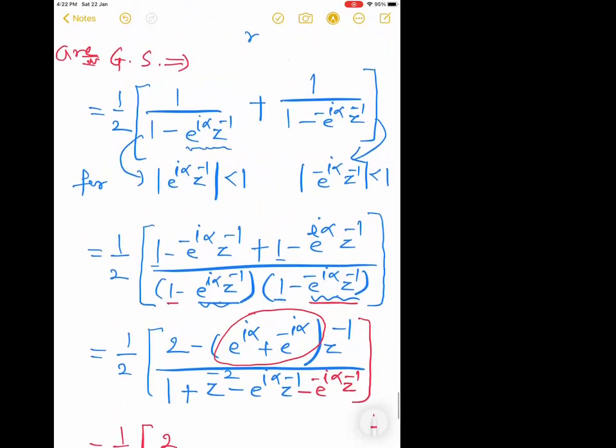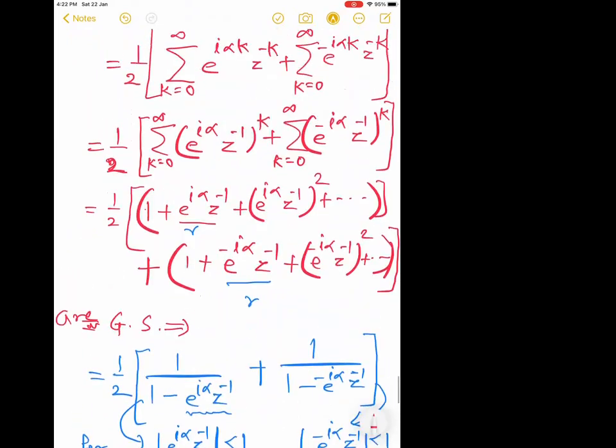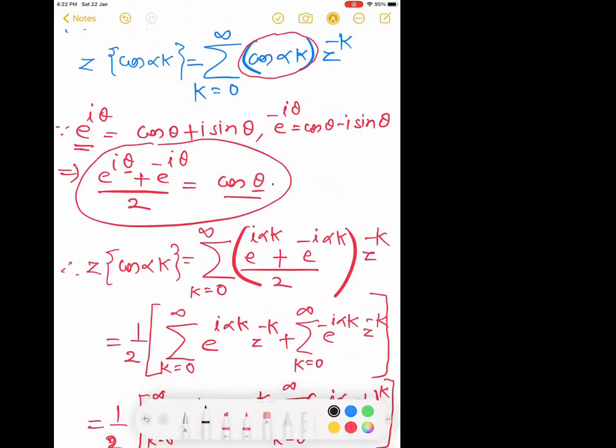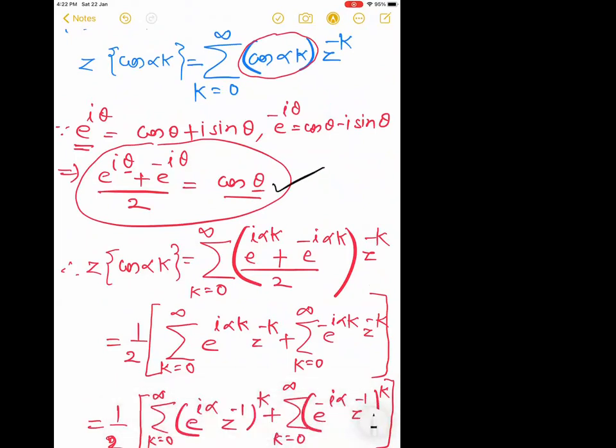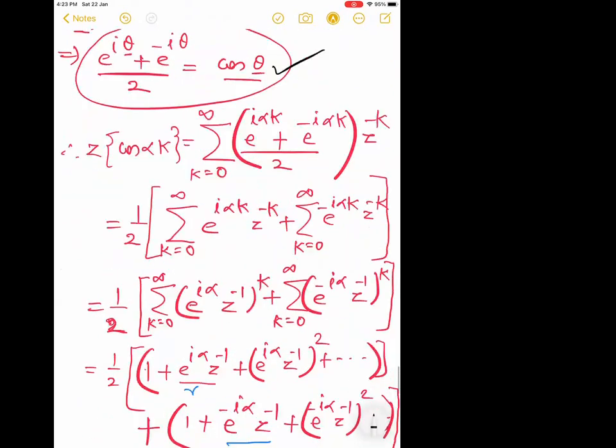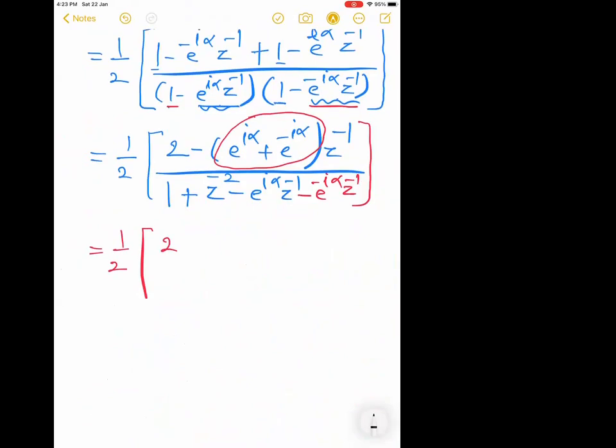Like here I have written cos theta is equal to this one. So if alpha replaces theta, what do you get? Same thing, no? Here 2 cos alpha is coming. 2 cos alpha. Minus 2 cos alpha z raised to minus 1. Yes, z raised to minus 1 for this one.